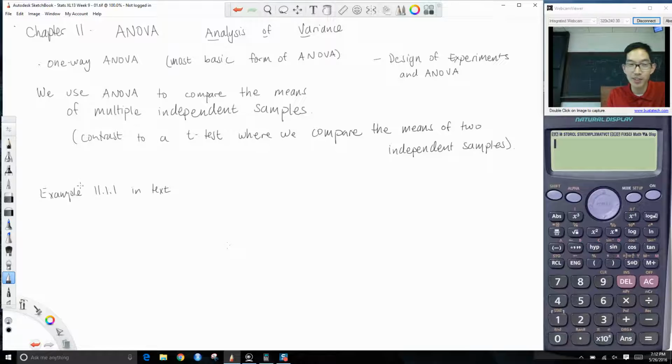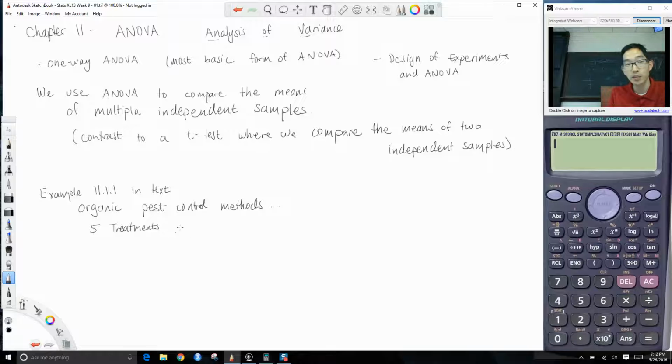Okay, so it's just organic pest control methods. And basically it had 5 different treatments, and one of them is a control, all right?